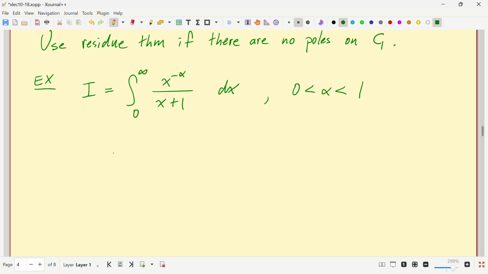And of course, we know that x to the minus alpha stands for e to the minus alpha natural log of x when x is positive. So we're thinking that we'll have an analytic function, but it's going to have to involve a complex log.